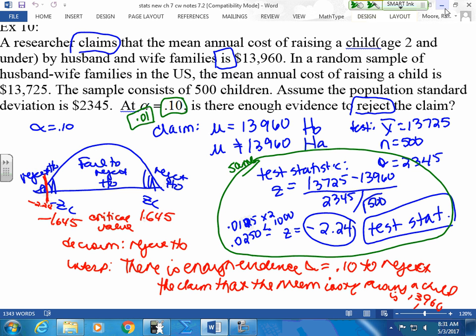What will change at 0.01? The critical values. The critical values will change. This information is not going to change, because what is affected by my 0.01? Just my cutoff value. So find me your new cutoff value. That's all you have to do. Find me your cutoff value and see where this falls for your new cutoff value.